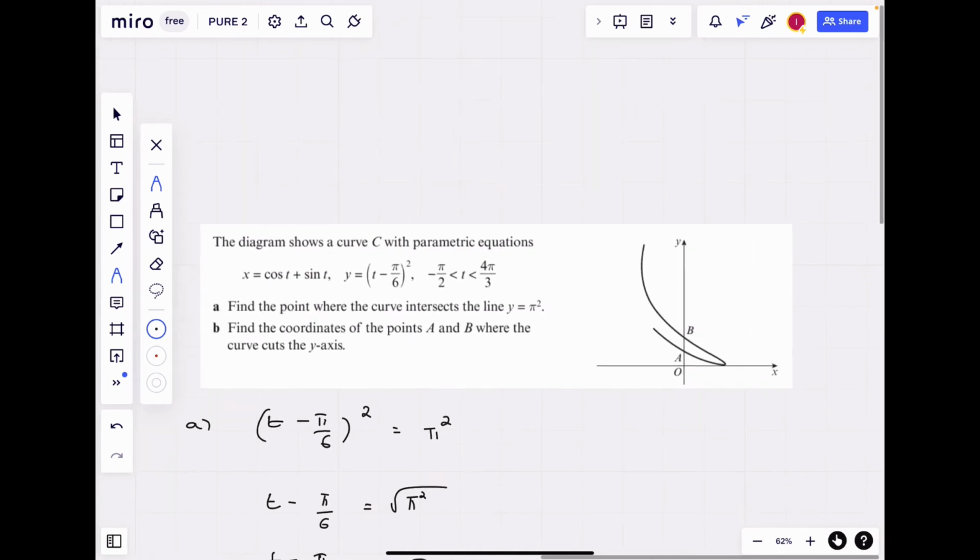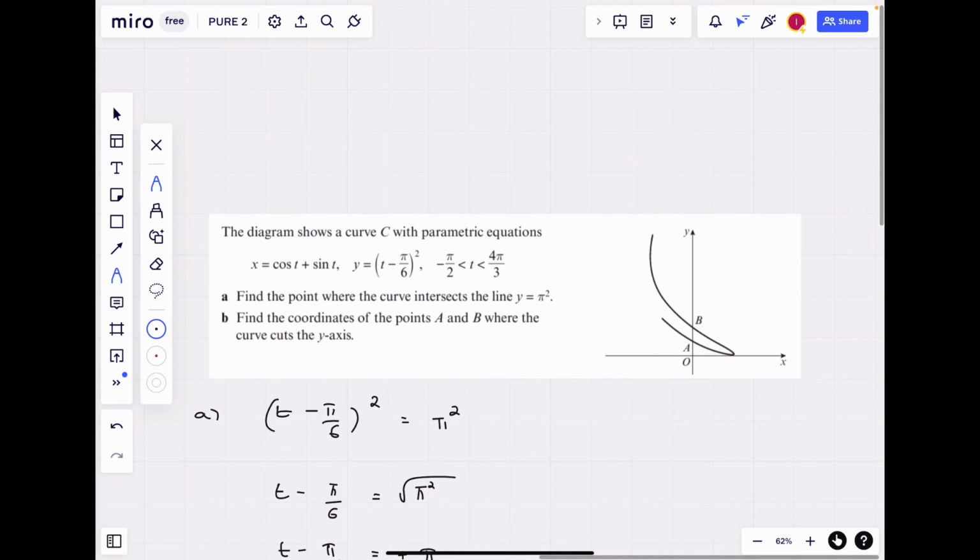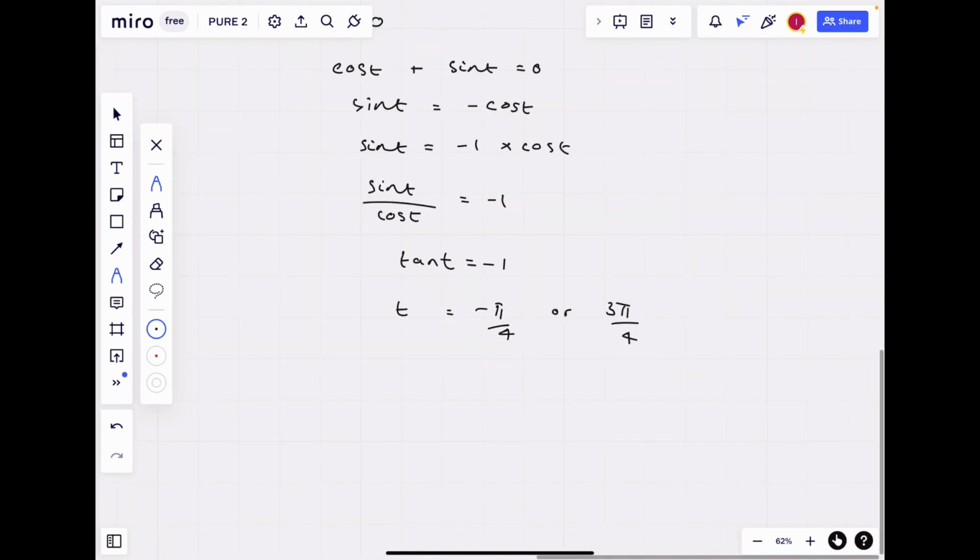Now, the range of values for t is minus pi over 2 to 4 pi over 3, which means both of these values are accepted. We know the x-coordinate is 0. So now we can work out the y-coordinate by substituting in t. So minus pi over 4 minus pi over 6 all squared, and then 3 pi over 4 minus pi over 6 all squared.